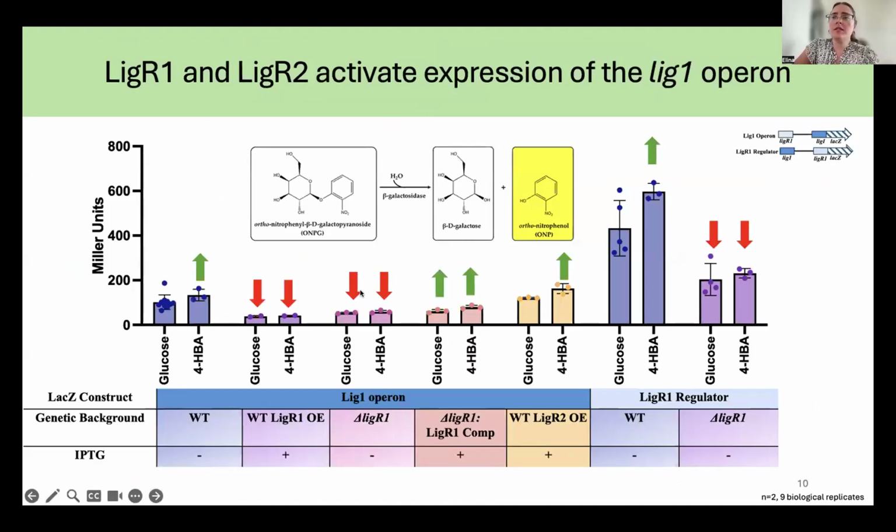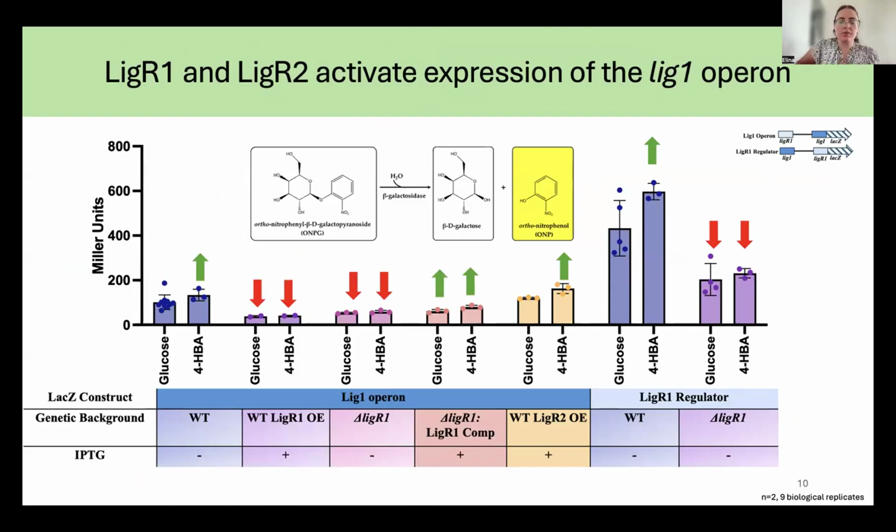So to determine the regulatory function of LigR1, we conducted reporter studies using a beta-galactosidase reporter assay. In this case, the expression of beta-galactosidase is directly proportional to the activity of the promoter region you have it fused to.